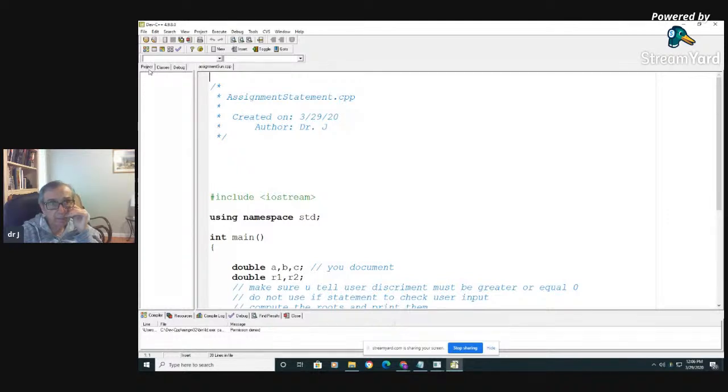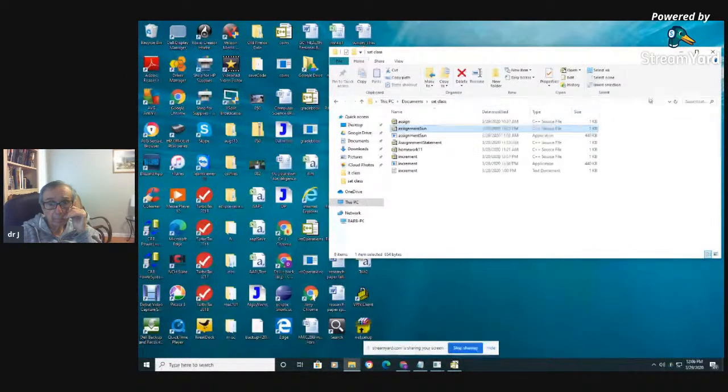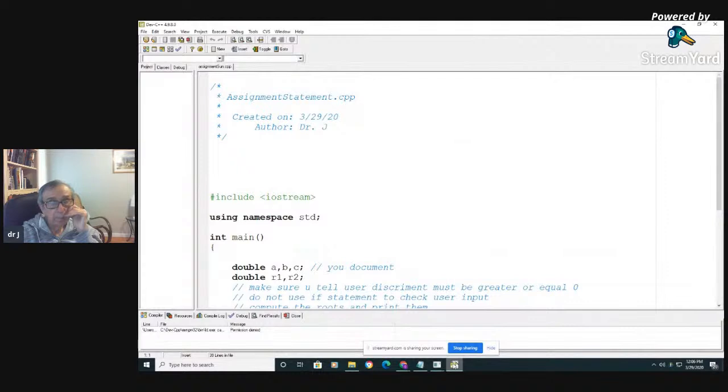My IDE. It's taking a long time to show me the results. Rather than wait for it, it's going to be wrong anyway, probably the old one.